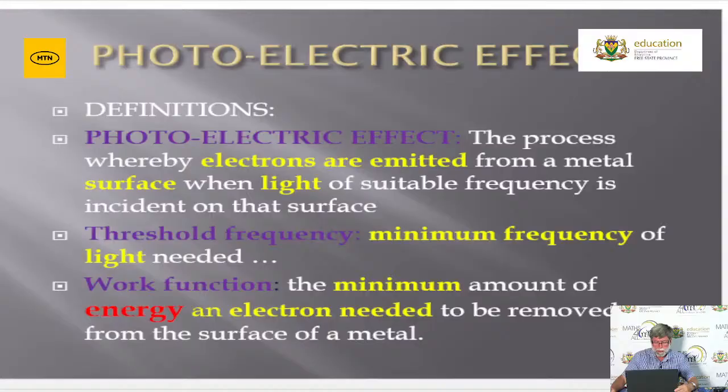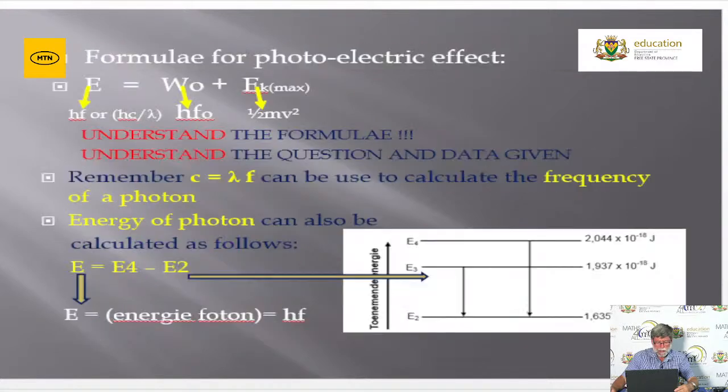You're going to lose a mark if you omit the subscript max. So understand this formula, please. Study your data sheet. Remember, in the photoelectric effect, the formula c equals lambda times f is also a formula that you can use, for instance, to calculate the frequency of a photon if they give you the wavelength.